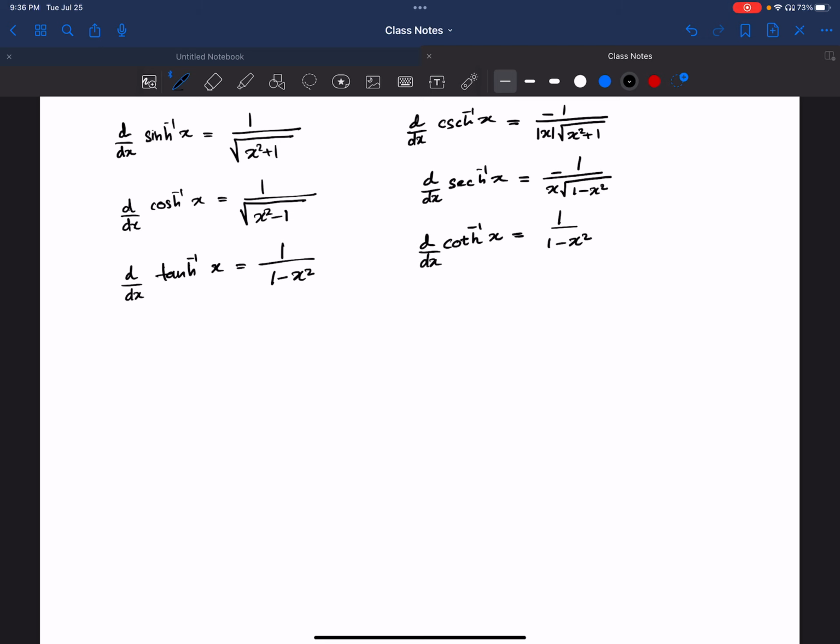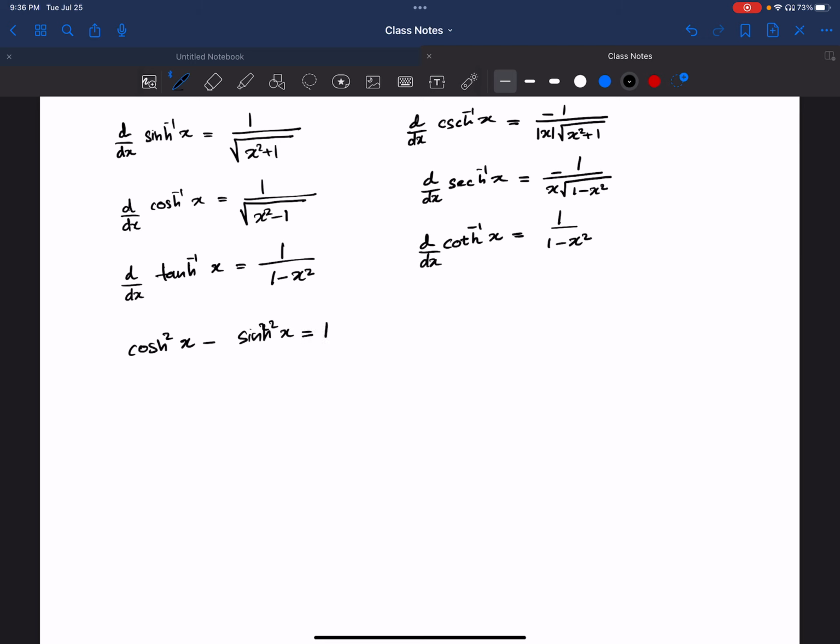And also we can use these identities: cosh squared x minus sinh squared x equals 1.